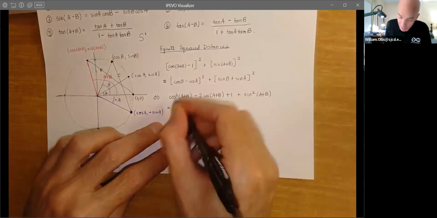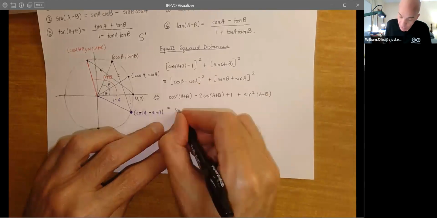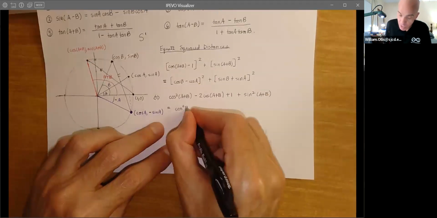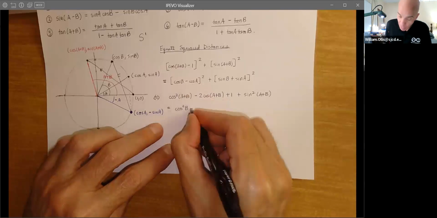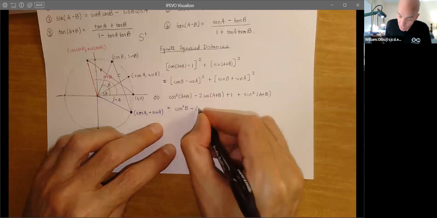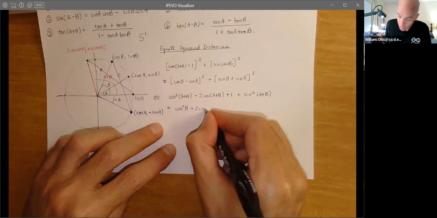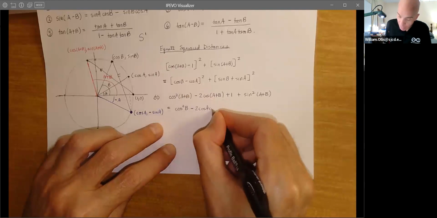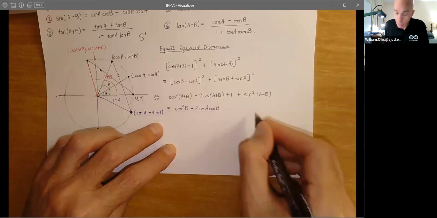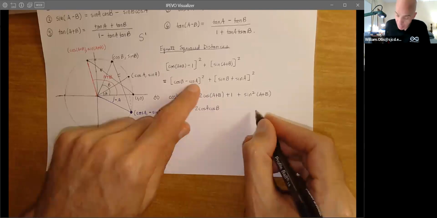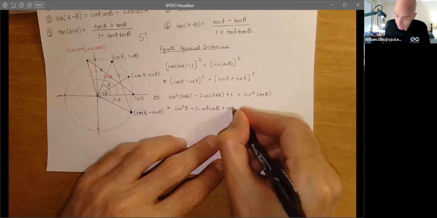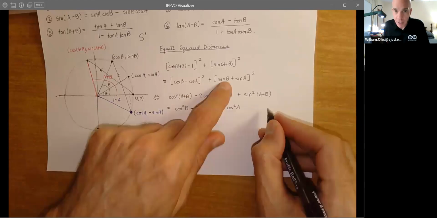Now let's expand this. Cosine squared, we're going to get a lot of Pythagorean identity. Cosine squared B, then the product times 2, minus 2. I'll just write the cosine A first, alphabetical order. I don't think it matters, but that's fine. And then we square the cosine A. Now do the same here.